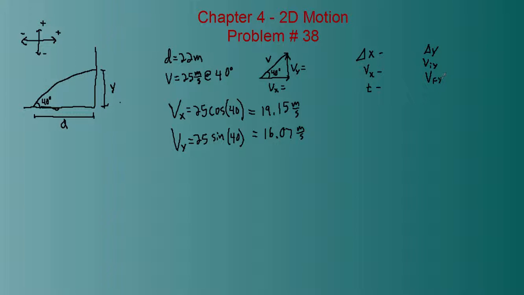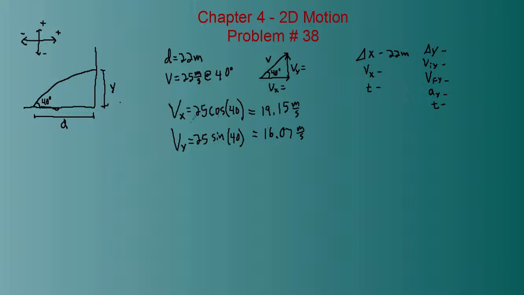Then in the y direction: velocity final y, a y, t. I think it's awesome. That's exactly what it is. So we're given the x displacement right here, 22 meters. Just stick that right in here. That's the beauty of this table.